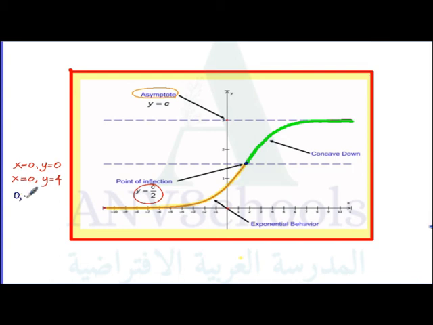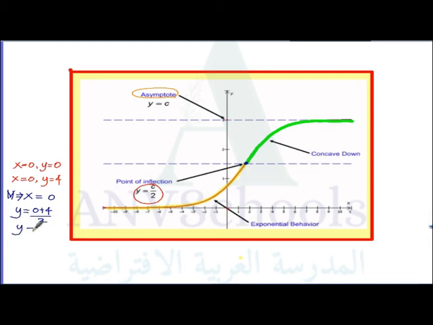In a statistical manner, it's the average, but in an algebraic manner, it is the midpoint. So what is the midpoint of these 2 points? For the x, it stays at 0, and for y, we have 0 plus 4 divided by 2.